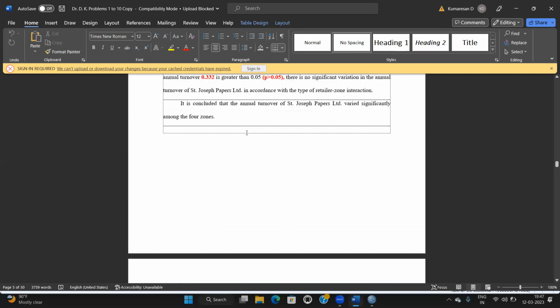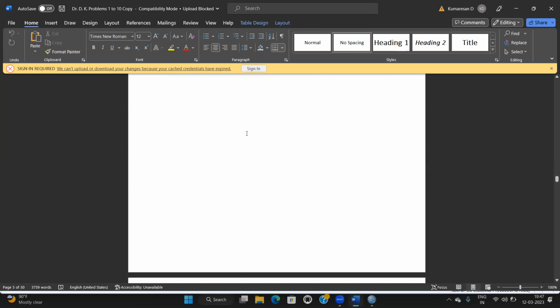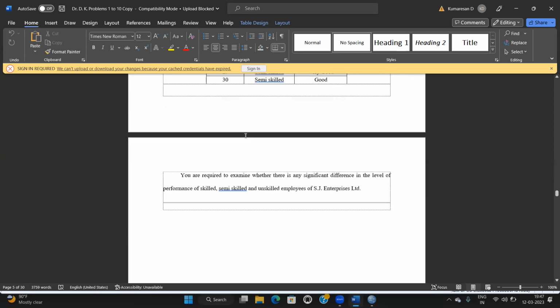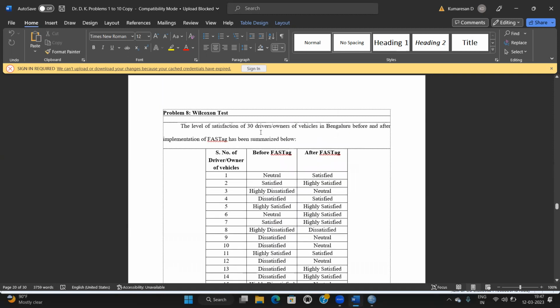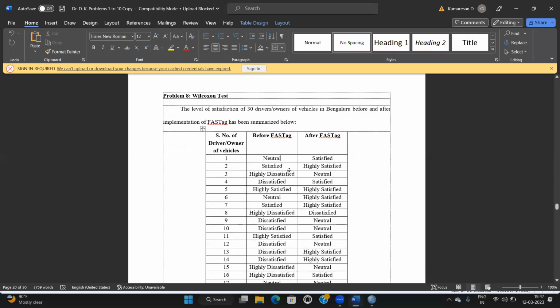There is only one sample. What is the difference? The data is given as ordinal: highly satisfied, satisfied, neutral, dissatisfied, and highly dissatisfied. Here also two data, one sample, two data. One sample, one data means one sample t-test.